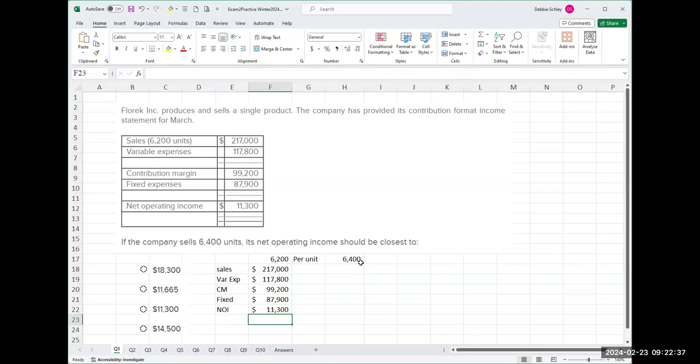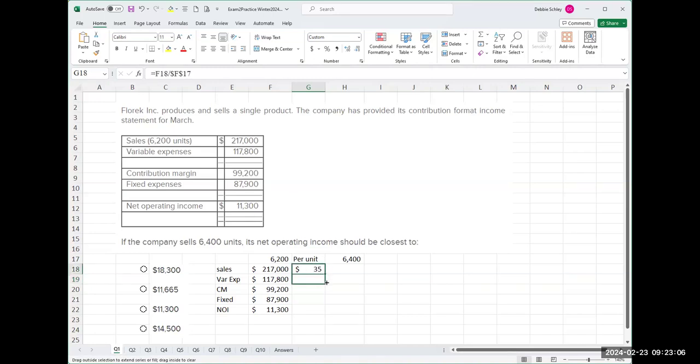So to get to 6,400 units, I then need to figure out the per unit cost, or the per unit sales price and variable expenses. So if I do total sales divided by the number of units for that total, and I'm going to anchor that cell, I get $35 per unit is my selling price.